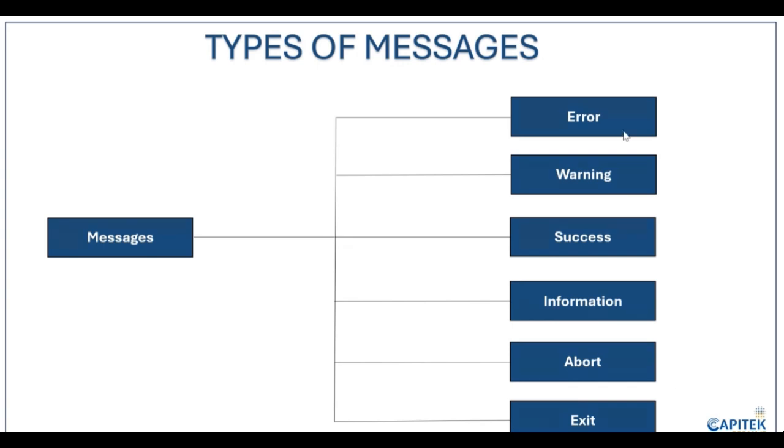So all these messages we can make use of, but except this abort, this is system related. It means there are system failures, etc. But other than abort, the other messages we can try in our program.